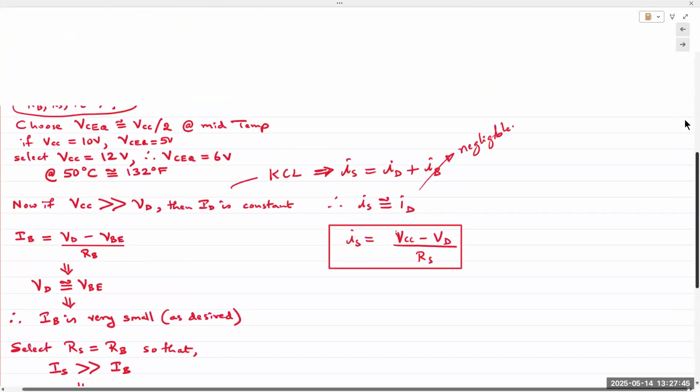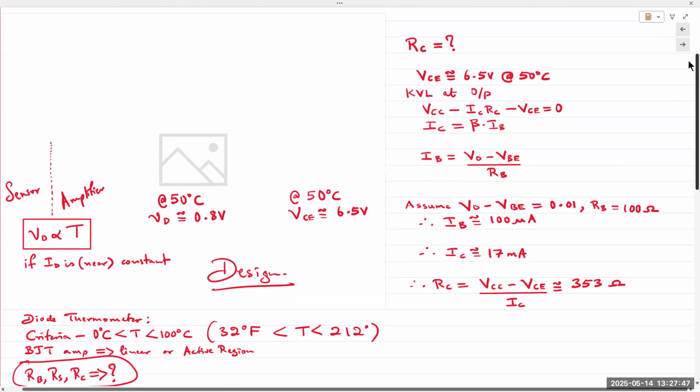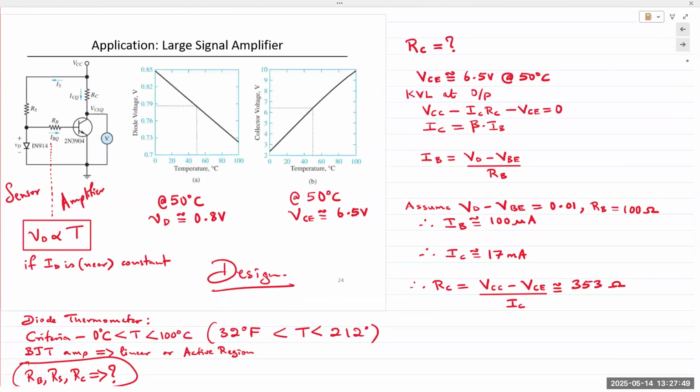And then lastly, we want RC. So if you want to find RC, we go over to the output side and apply KVL. On the output side, we only have these voltages, VCE and ICRC. So VCC minus ICRC minus VCE is equal to 0.